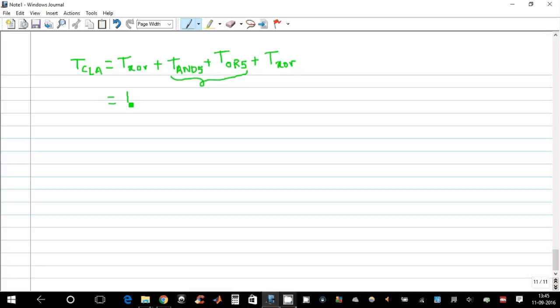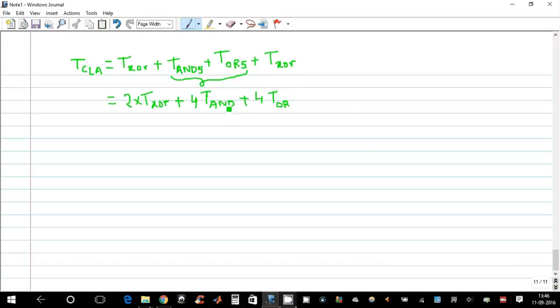Now this is equal to T XOR, and I am directly writing it as 2 times T XOR, plus, let us assume that I am realizing the 5 input AND gate with four 2 input AND gates. So I am writing 4 times the delay of a 2 input AND gate, that is T AND. Similarly, the 5 input OR gate is realized using four 2 input OR gates, so I am writing 4 times the 2 input OR gate delay.